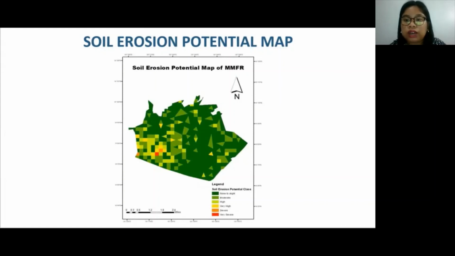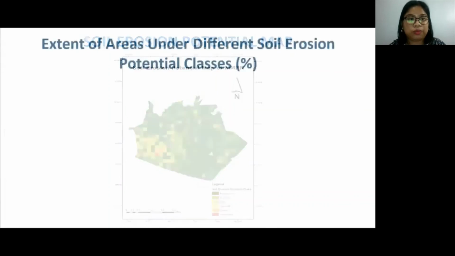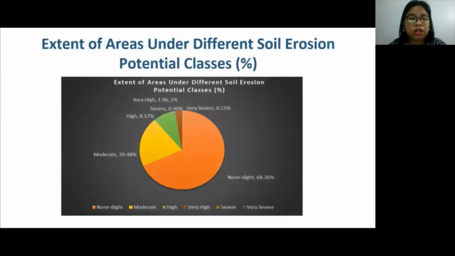It was also highlighted in the recent soil erosion assessment by FinZ in 2021 that among the 5 factors, the LS factor showed a strong correlation with soil erosion. So this is the extent of areas under different soil erosion potential classes. The majority of the MMFR is under the none to slight category.